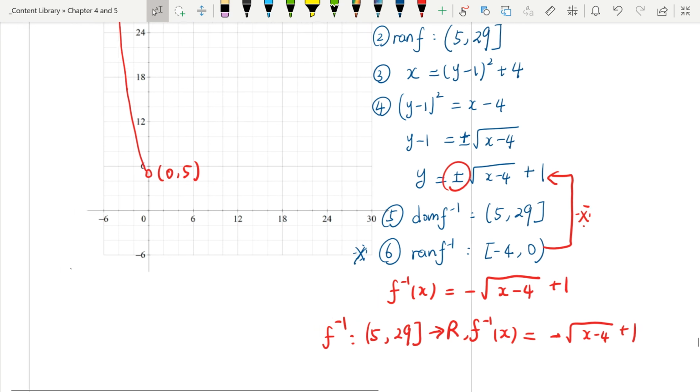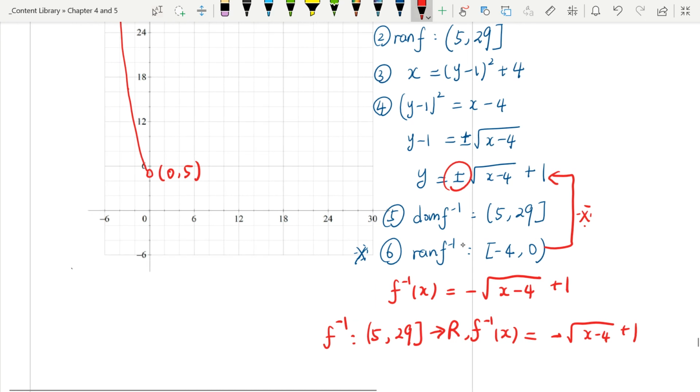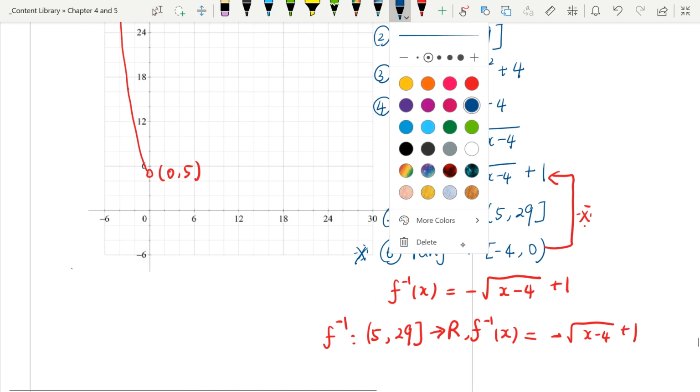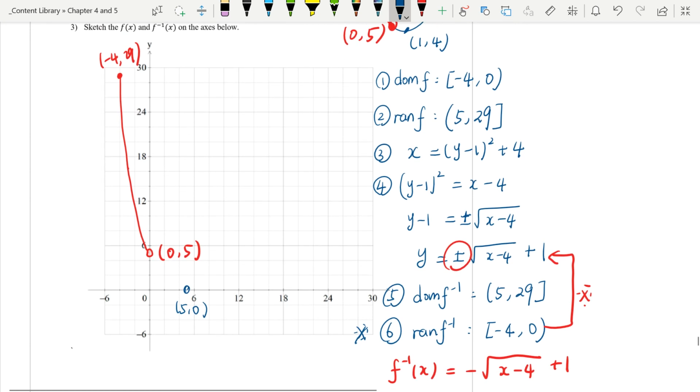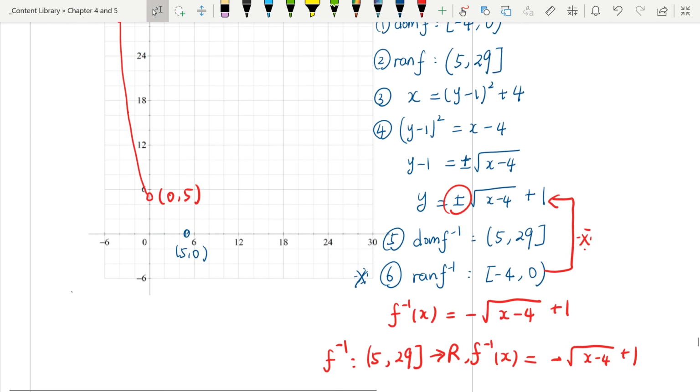Yeah? And if I quickly sketch it, I will have (0, 5). I will have (5, 0) here now. Okay, so (5, 0) will be an open circle. And I have (29, -4) with a closed circle.